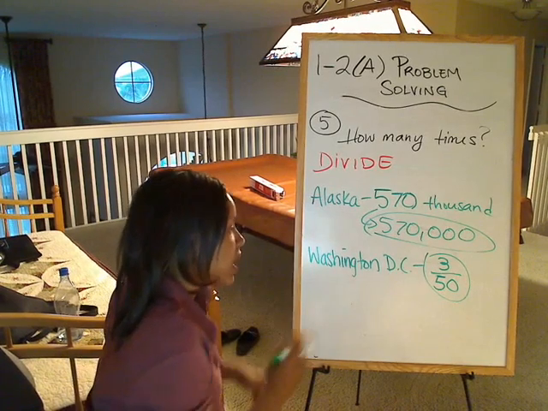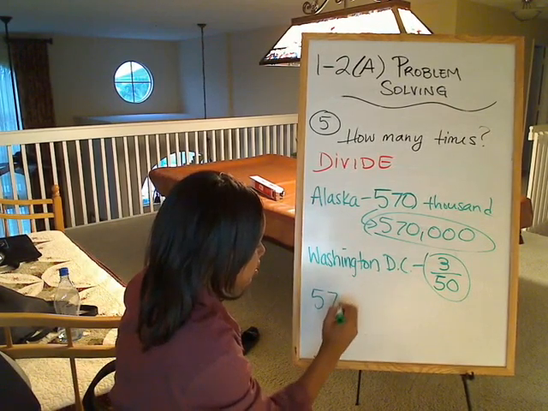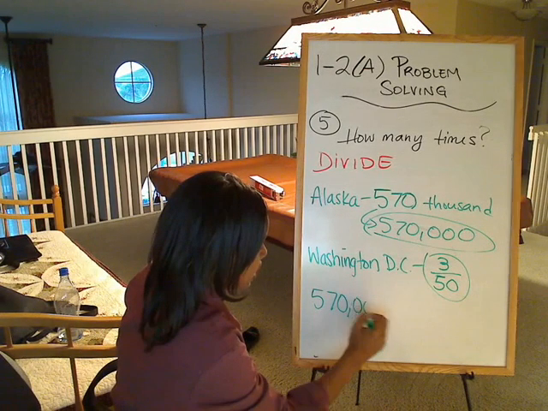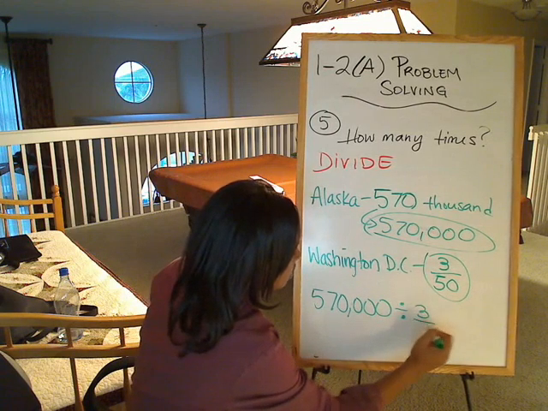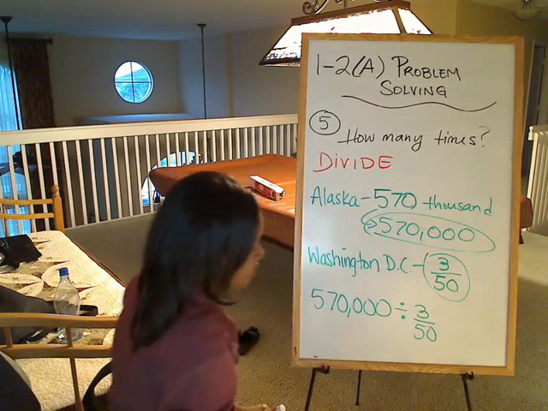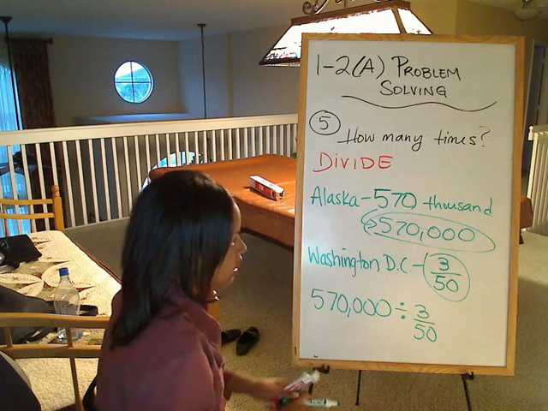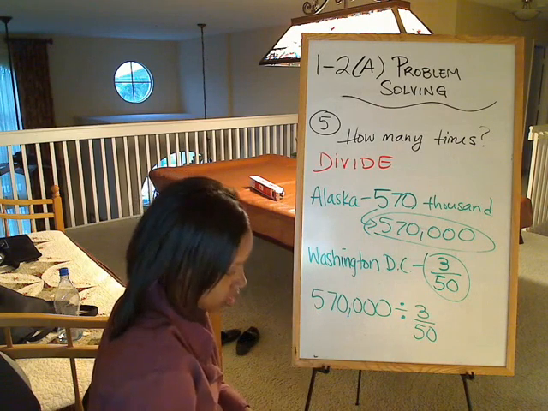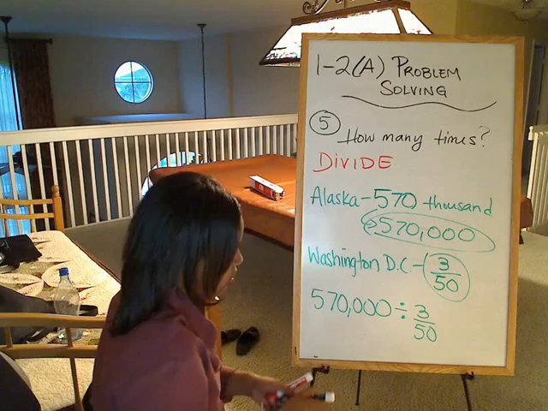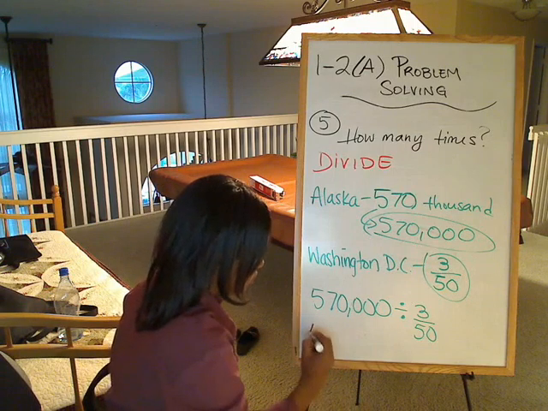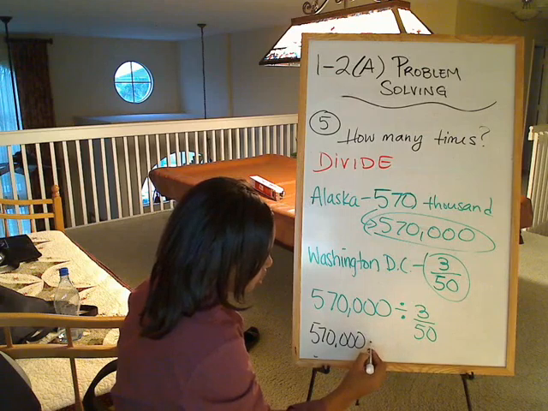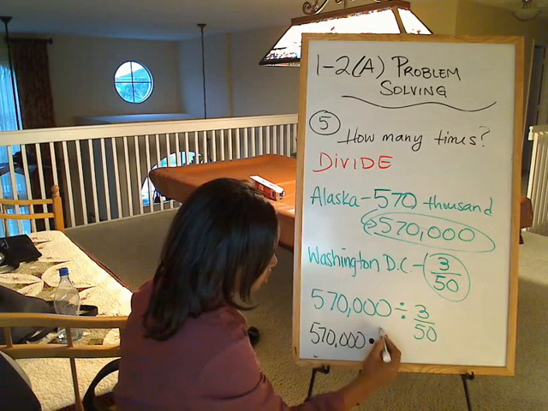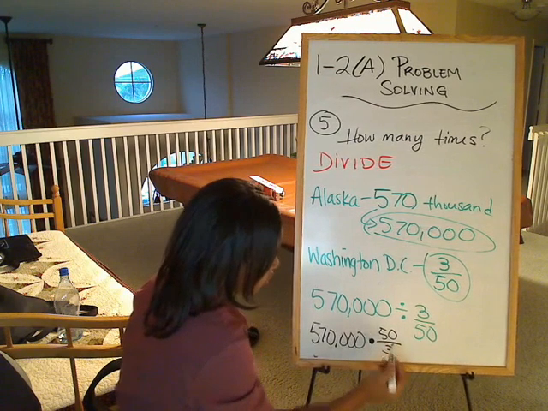So we're going to divide the Alaska square miles, 570,000, divided by Washington, D.C., which is 3/50. And we know in order to do that, we have to change this to multiplication and change 3/50 to 50 over 3.